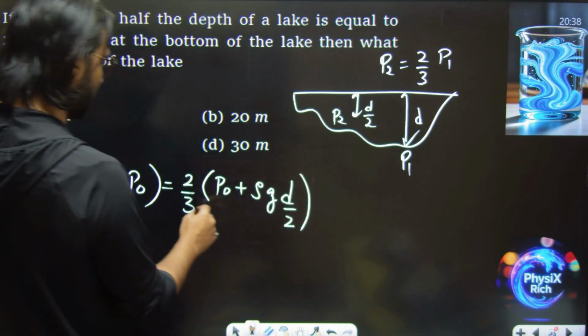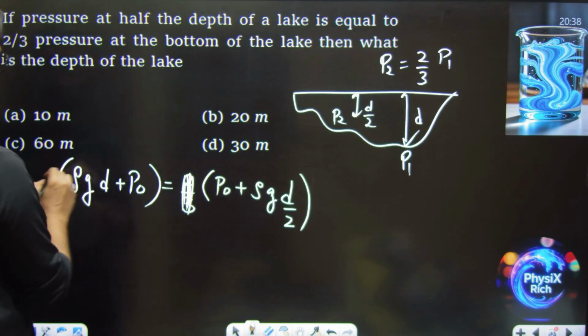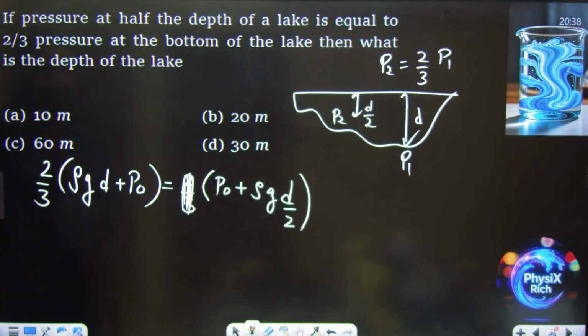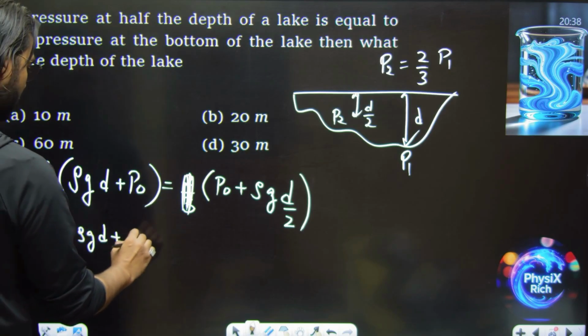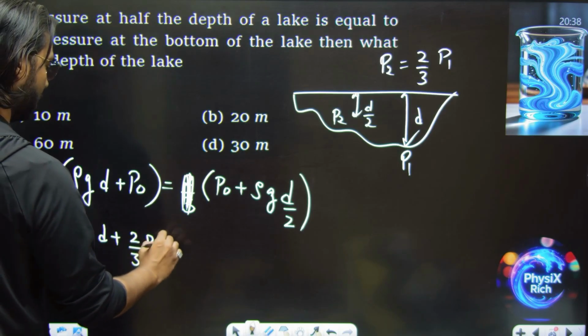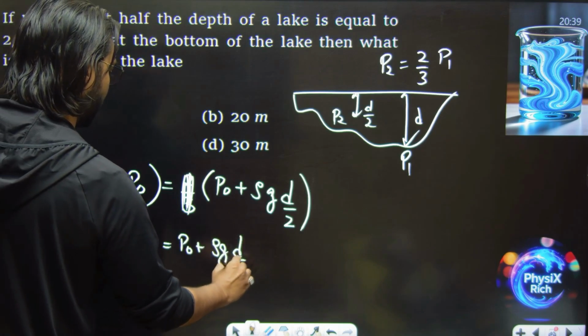Well, I guess this 2 by 3 is here, right? Because this pressure is 2/3 of this pressure. Yeah, this is more correct now. So the 2 by 3 goes over here. So let's solve this. It becomes 2 by 3 rho g D plus 2 by 3 P naught equals P naught plus rho g D by 2.